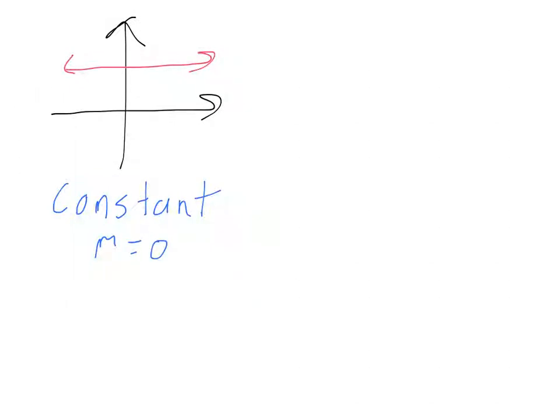So because the slope tells us whether a function is increasing or decreasing, instead of just thinking of the slope as a geometric measurement of how steep a line is, we're going to start thinking of the slope as the rate of change of the function.